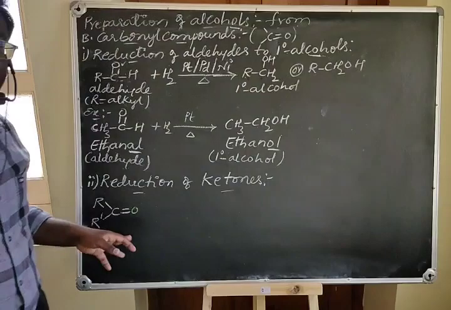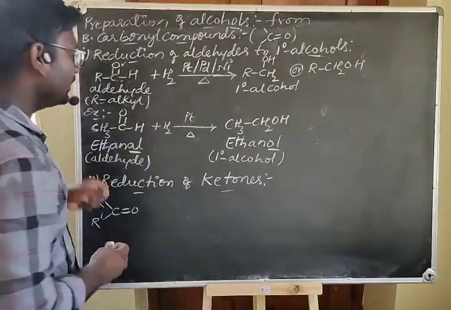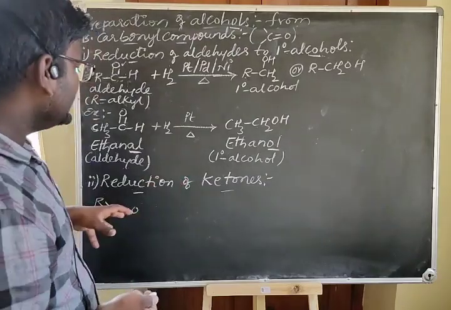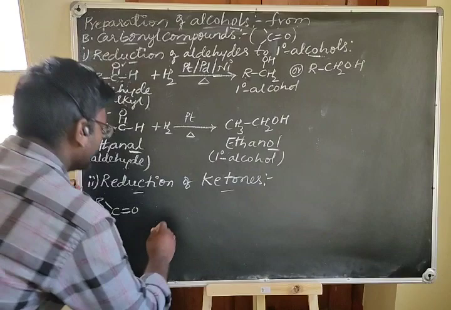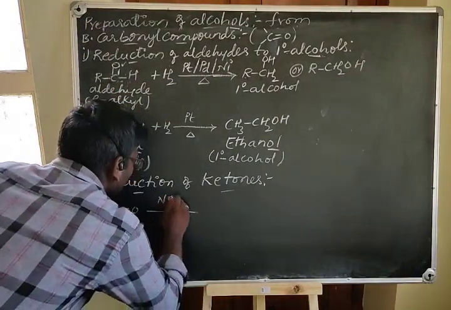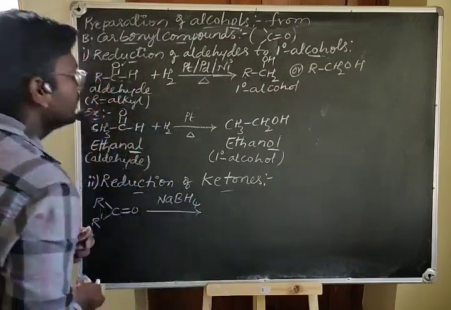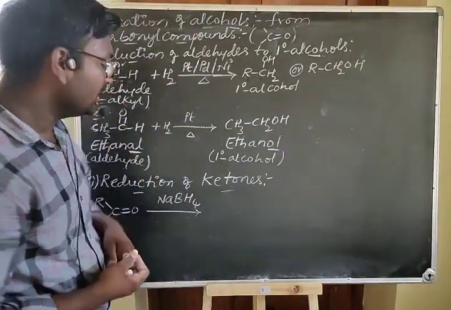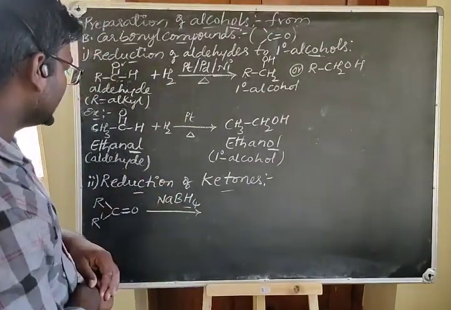Here R and R dash may be the same alkyl groups or different alkyl groups. Here we need a reducing agent like sodium borohydride. It only supplies the hydrogens, so there is no need to add hydrogen gas again, as there is a bulk number of hydrogen atoms.